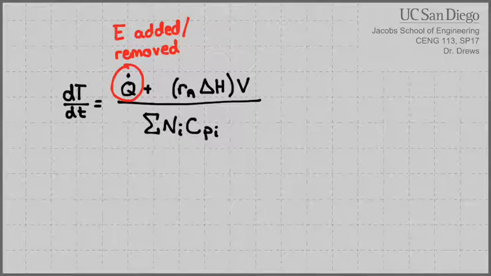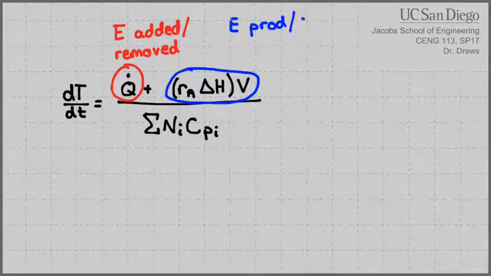We use it both ways. If the reaction is endothermic, we typically want to dump energy into the system to keep its temperature up. If it's exothermic, we typically want to cool it so it doesn't get into a runaway reaction. The term that's next to it is the amount of energy either produced or consumed by the reaction itself.